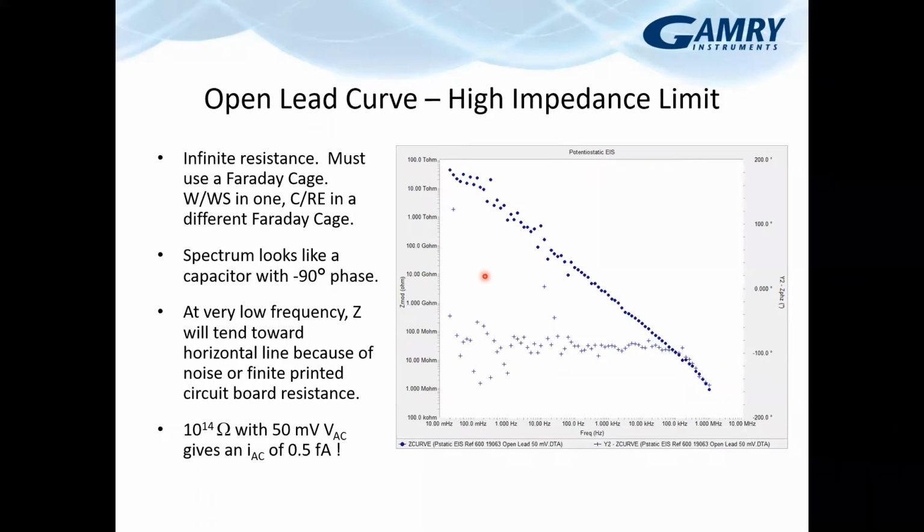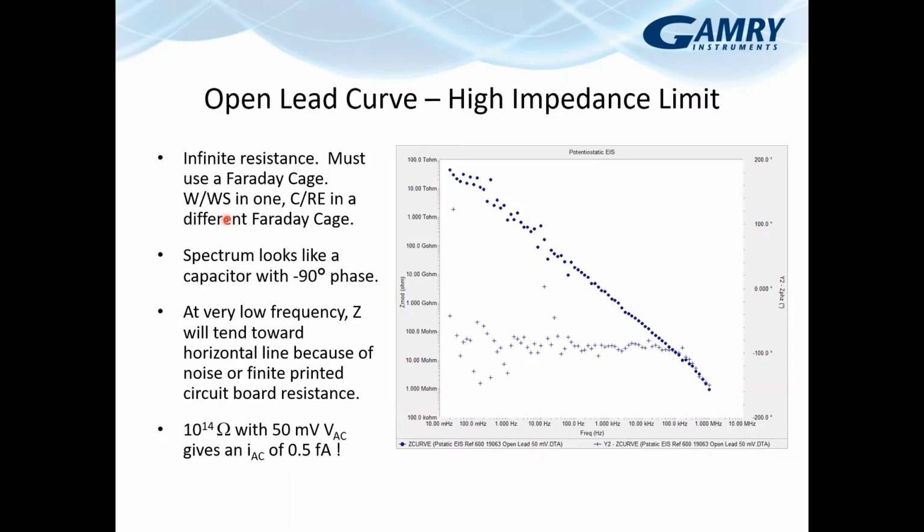An open lead curve is going to show you your high impedance limit for a system. It's theoretically infinite resistance. You have to do this in a Faraday cage. Working and working sense lead are shorted together and put inside of a Faraday cage.